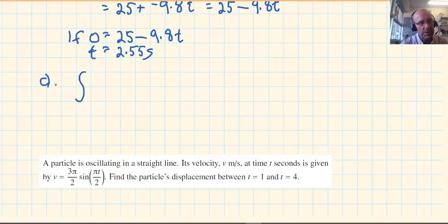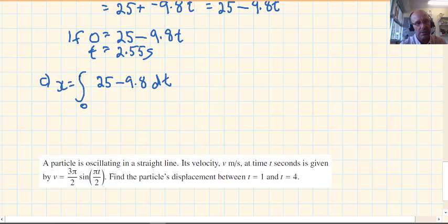Displacement, which is often x, is the integral of the velocity function that we have there, 25 take 9.8t dt. We need to find its displacement in the first 3 seconds to find its position ultimately, so that will be integrating between 0 and 3. Then we get an antiderivative of 25t minus 4.9t squared.